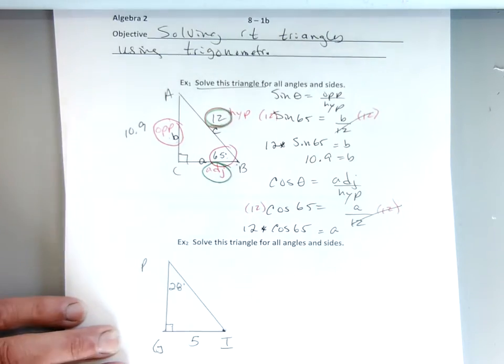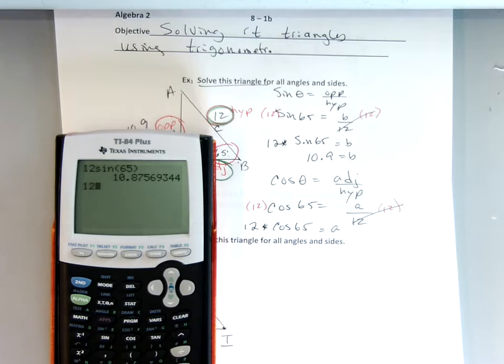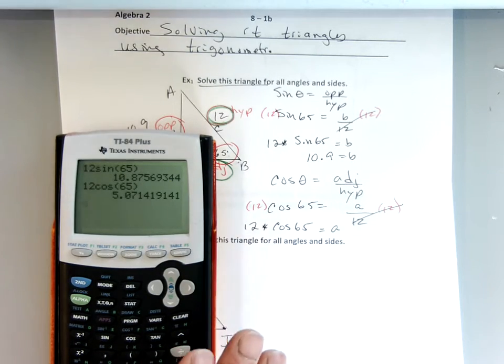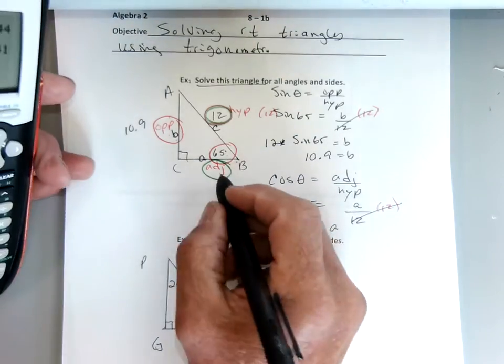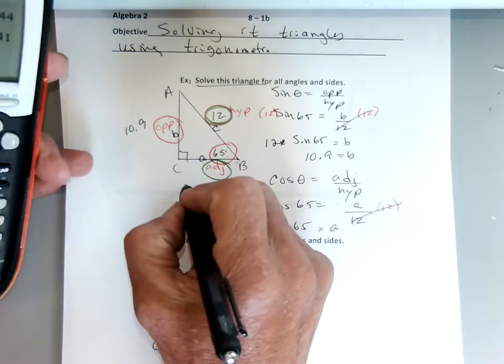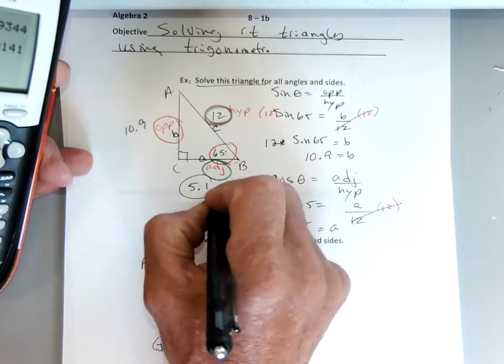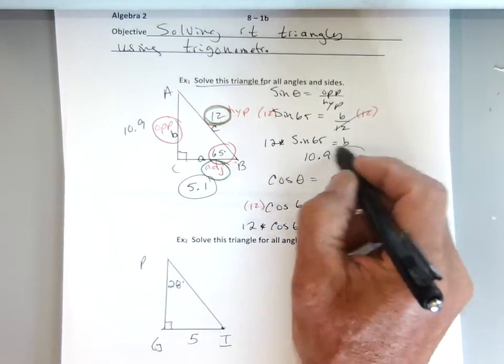Now, 12 cosine 65, what do I get? About 5.07, we'll round it to 5.1. So little a is 5.1, okay, good.